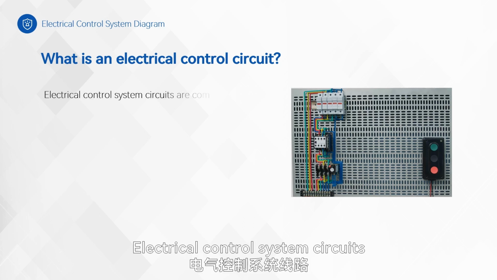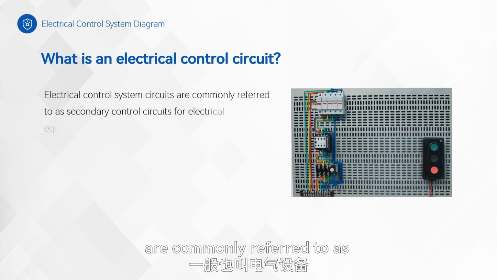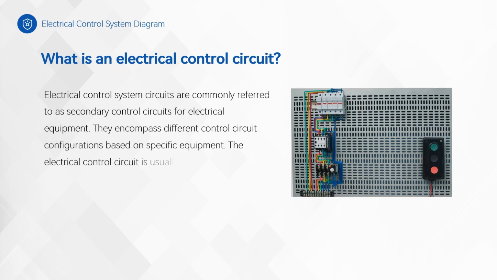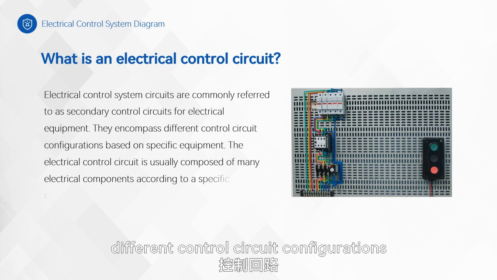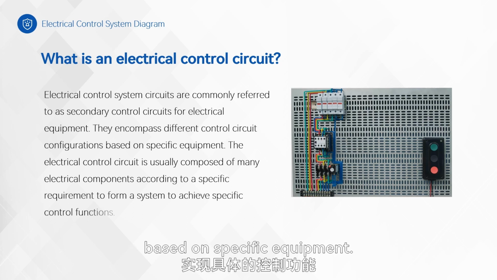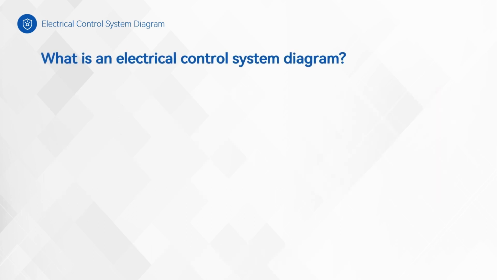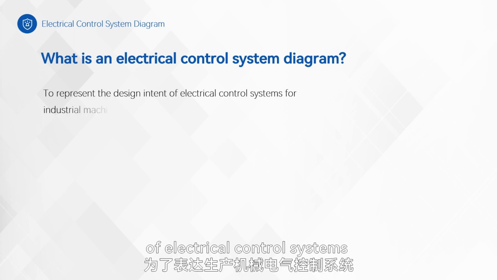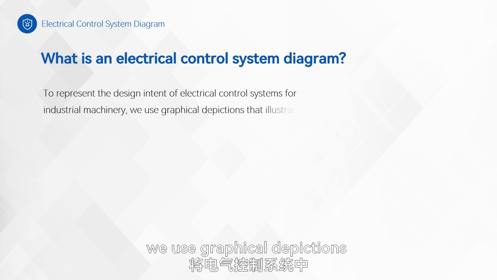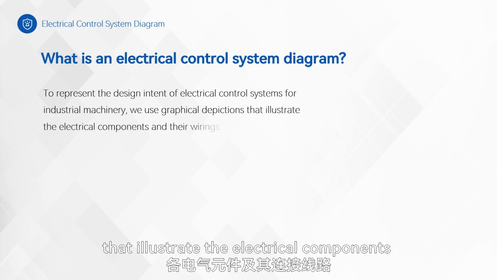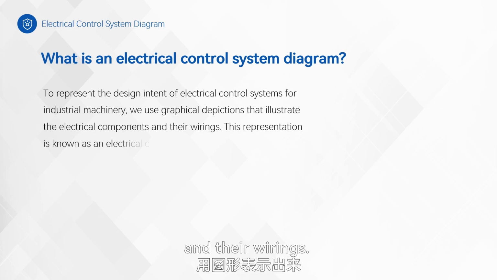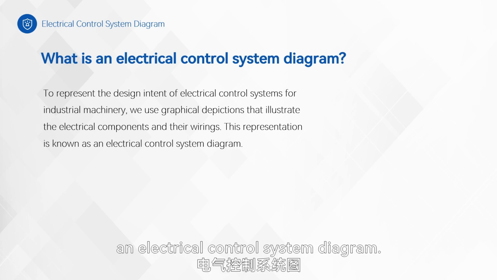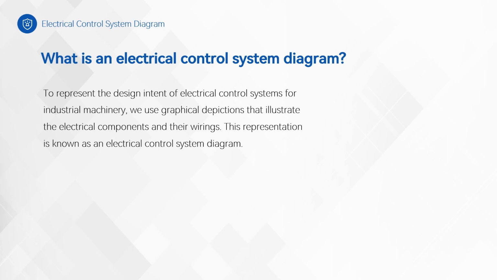Electrical control system circuits are commonly referred to as secondary control circuits for electrical equipment. They encompass different control circuit configurations based on specific equipment. To represent the design intent of electrical control systems for industrial machinery, we use graphical depictions that illustrate the electrical components and their wirings. This representation is known as an electrical control system diagram.